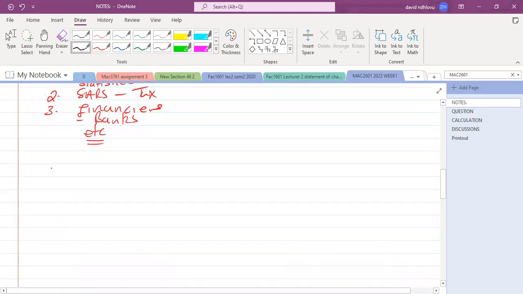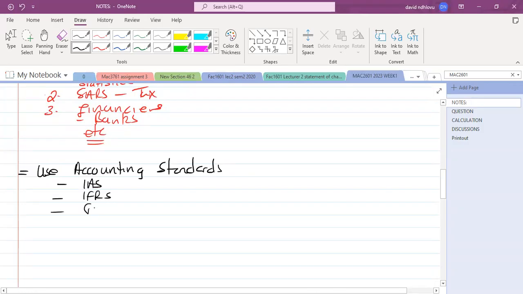When it comes to financial accounting, we use accounting standards. We use international accounting standards, IFRS, financial reporting standards. We use such things as GAAP.